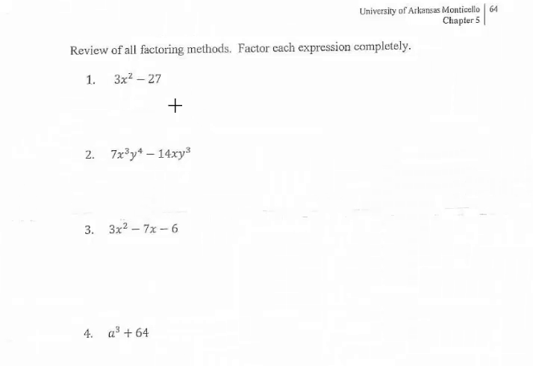Okay, this first one. Always consider greatest common factor first, and it turns out that both of these terms are divisible by 3. We get an x squared, and then we get a minus 9. 27 divided by the greatest common factor 3 gives us 9. You should recognize this factor that's left as a difference of squares.